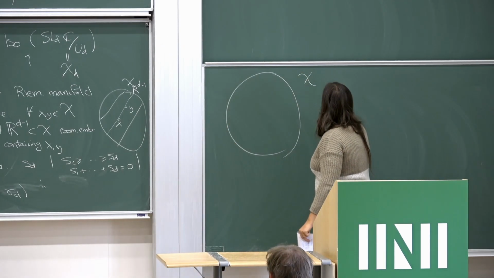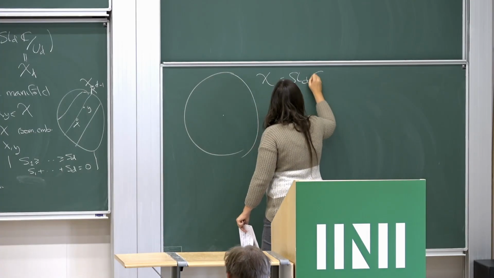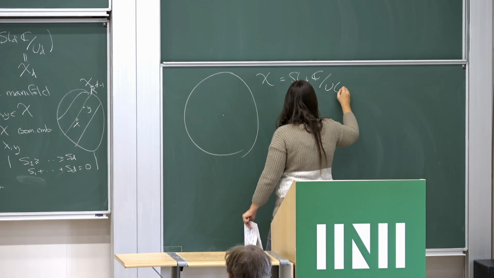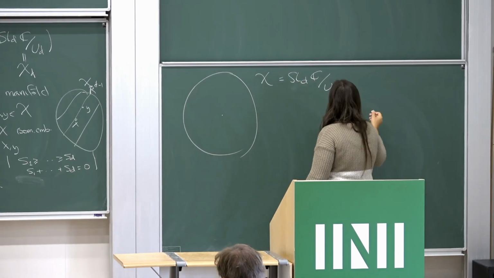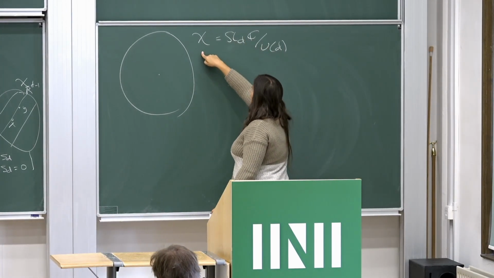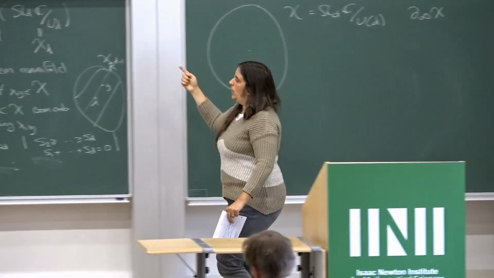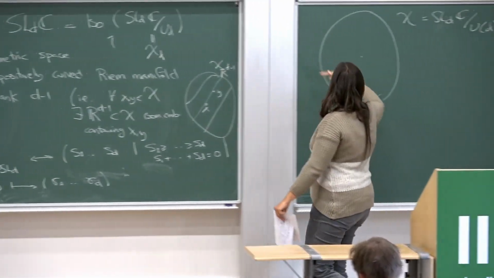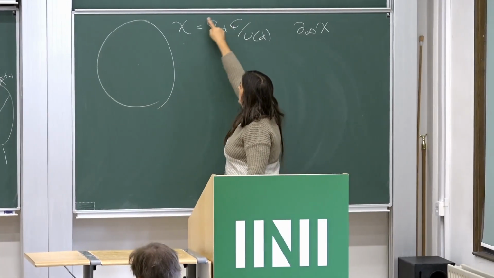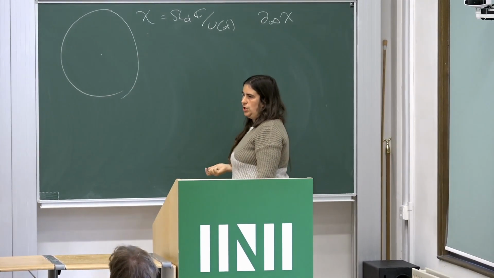So if this was my symmetric space, X, which is SL_d C mod some maximal compact subgroup, then I told you that X is like a zero curvature manifold, so it has a boundary at infinity. But as opposed to the rank 1 case, this is not homogeneous. Like the action of the isometry group extends, of course, to an action on the boundary. This action is not homogeneous anymore.